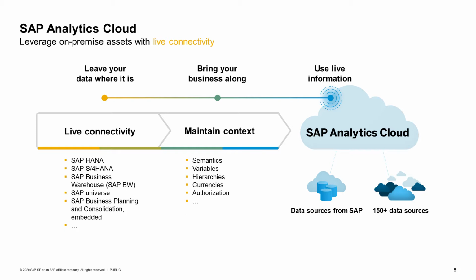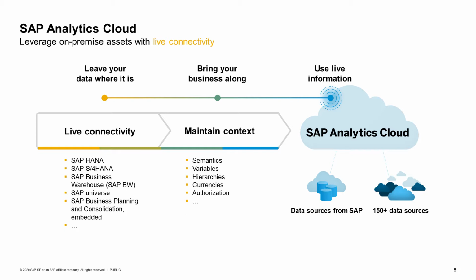So SAC will connect to that system and retrieve all needed information about the data, such as metadata, like hierarchies, dimensions, variables, and so on, but also security data. When using live connectivity, you directly leverage authorizations as defined in the on-premise system. This means you do not need to recreate any authorization access in SAC.